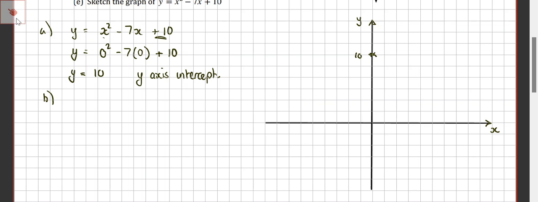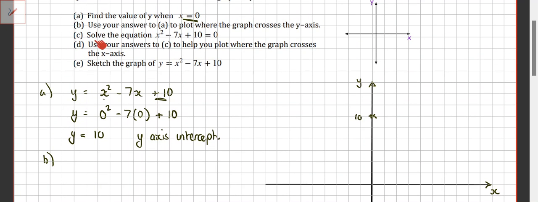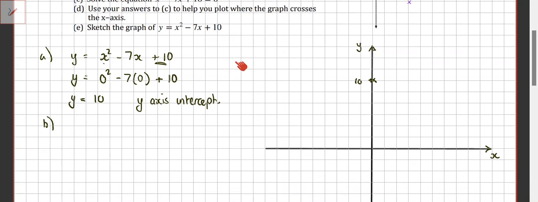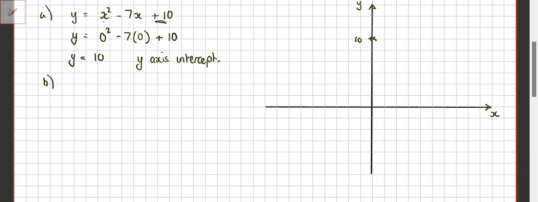So the next thing then says solve the equation x squared minus 7x plus 10 equals 0. Now we've done that, potentially not spent a lot of time looking at what that form looks like.